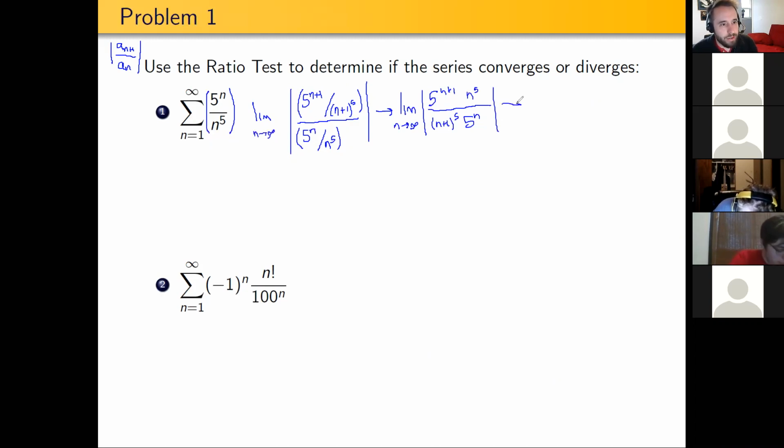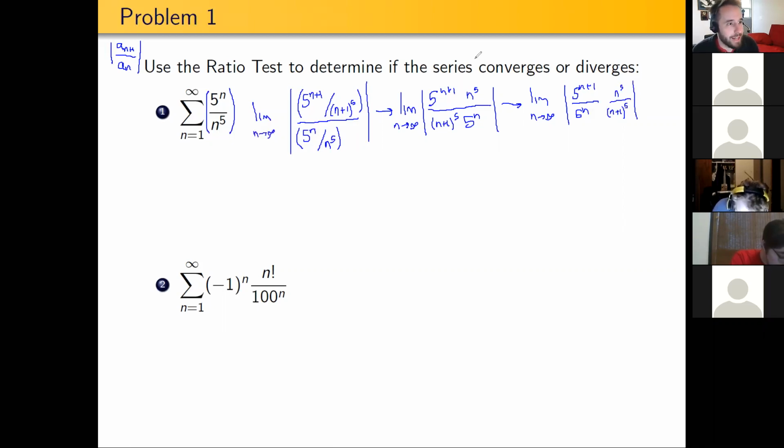And what I'm just going to do is write this exact same thing, but group the 5 to the n pieces, right? So I have a 5 to the n plus 1 over 5 to the n. And I'm going to group my n to the 5th divided by my n plus 1 to the 5th. So I'm just cleverly grouping those.